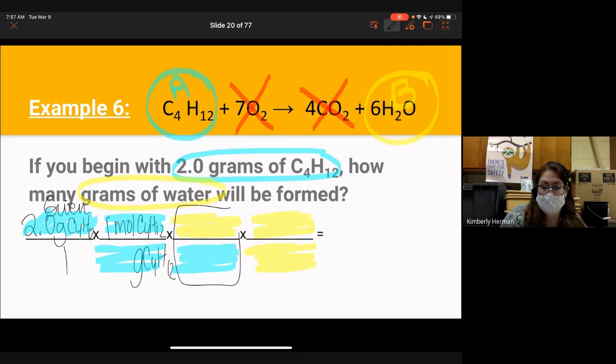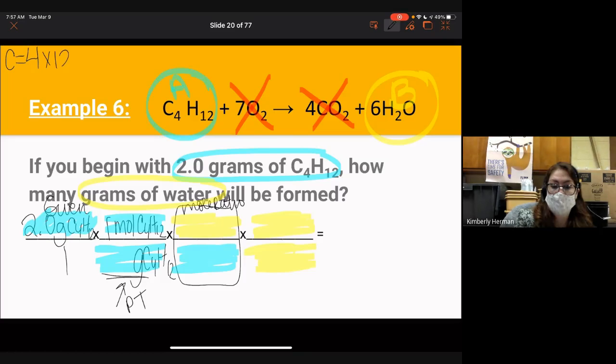Then our next step is going to be our mole ratio. And before we get to that, you'll notice that I'm missing the number with my grams, and that's what I need to get from my periodic table. So if we look on the periodic table, we see that carbon is going to be 12.01. So we're going to do 4 times 12.01, and that's going to give us 48.04.